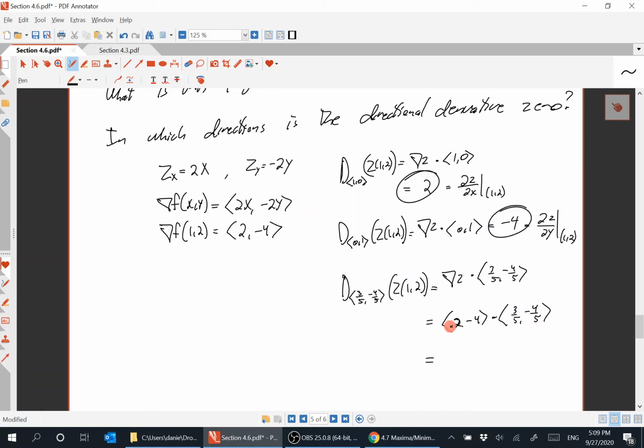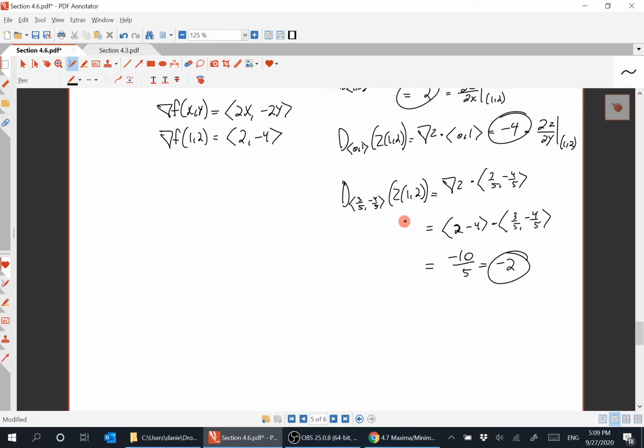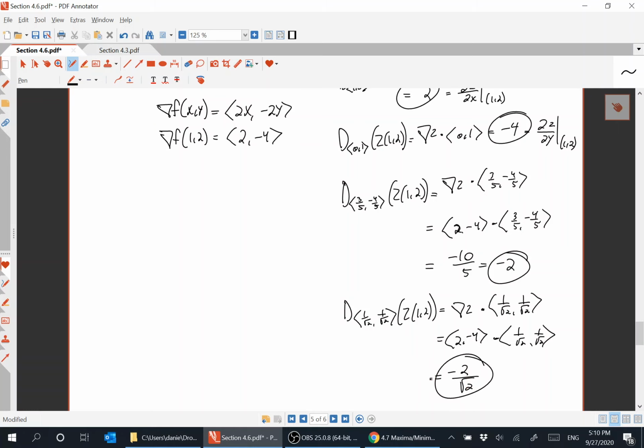That's equal to 6 minus 16, so minus 10/5, which is minus 2. And the directional derivative in the direction (1 over root 2, 1 over root 2) is the gradient of z dot (1 over root 2, 1 over root 2). So that's (2, minus 4) dot (1 over root 2, 1 over root 2), which is equal to minus 2 over square root 2.